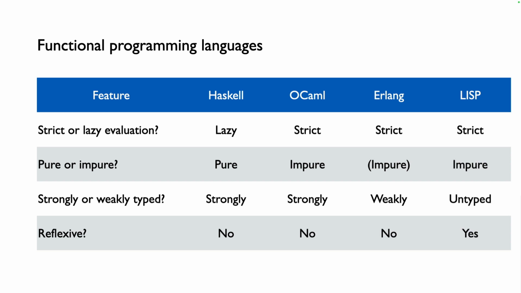Now, the final language on the list, and the oldest in this whole selection, is Lisp. It's a language for symbolic processing. It is strict, it's impure, it has side effects, it's untyped, and yes, it's reflexive. So programs are data. So you can write, as a result of a program, another program.